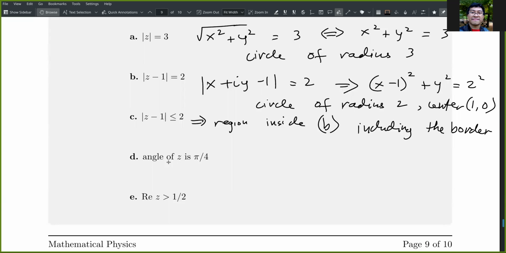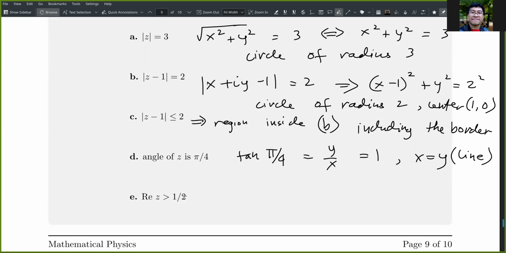For this angle of z equal to pi over 4, if we get tangent of theta, tangent of pi over 4, that's our y over x. This tangent is equal to 1, so that means that x is equal to y, or that's a line with slope 1.